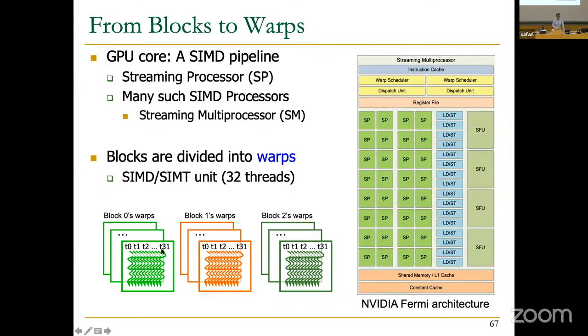And these blocks are divided into a bunch of warps. Block 0 has some warps, block 1 has some warps, block 2 has some warps, etc. And they get scheduled onto streaming multiprocessors, if you will. Again, I don't expect you to know exactly what blocks are, but you should really know how warps are executed. There's also block scheduling that we're not going to cover over here.